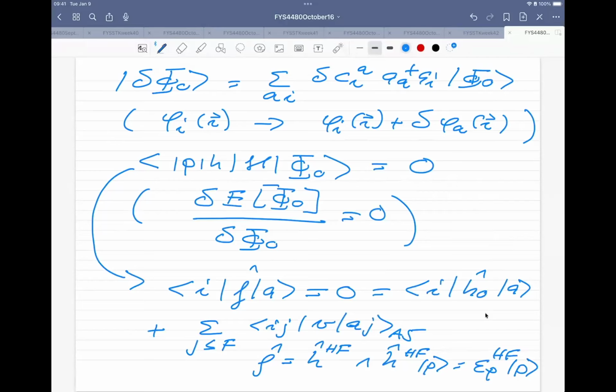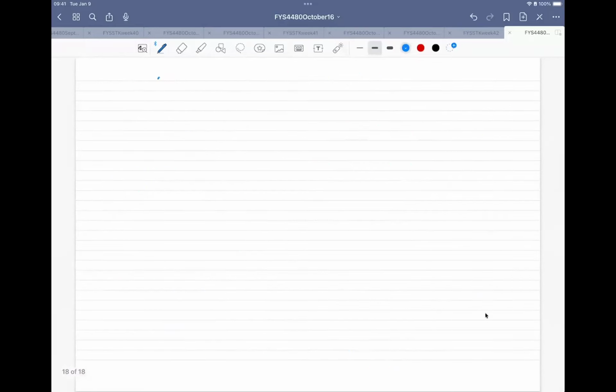But this promises actually much more, because with the ground state of the system, we can also recover all other states with some label. So DFT is now something which we are going to define as a function of the density. So the energy is a functional of the density.